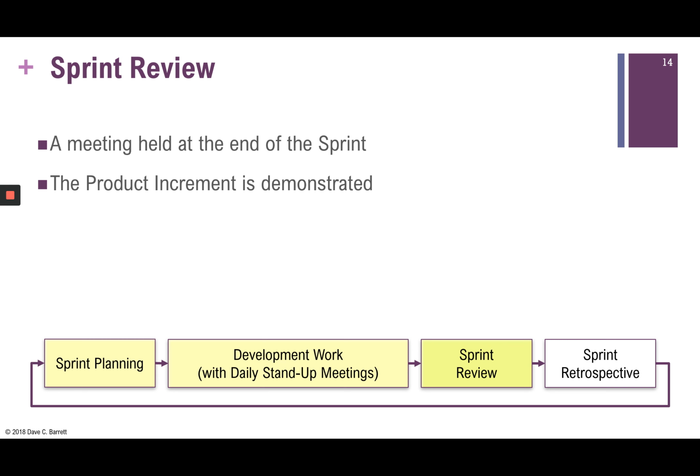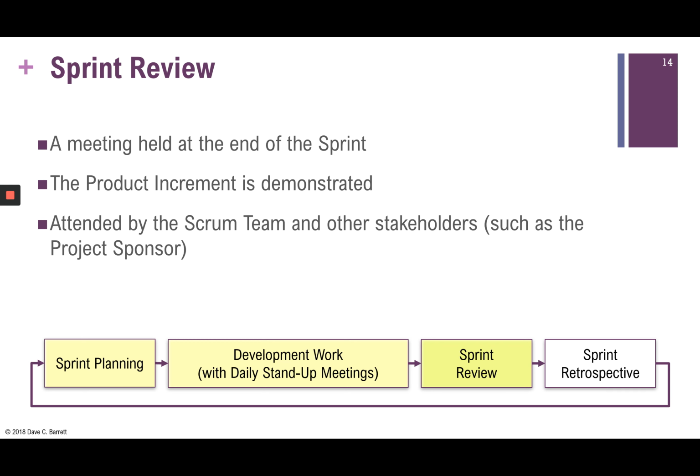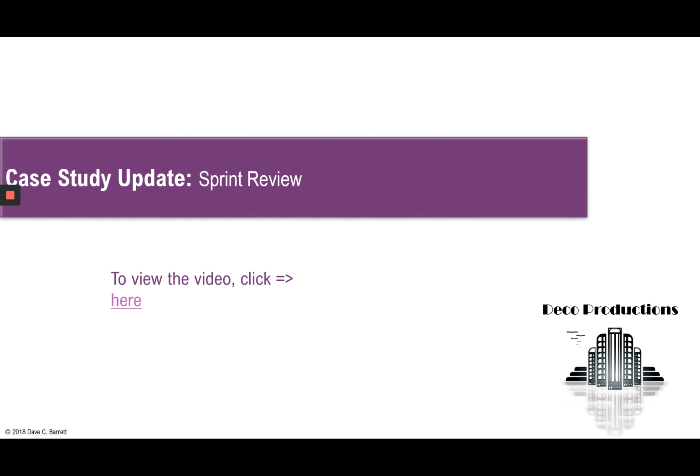For example, the project sponsor may attend, or other stakeholders of the project may be there to see the product increment. So it's demonstrated by the product team, attended by the Scrum team and other stakeholders, such as the project sponsor. And it's a key way to keep everyone involved up to date because they're seeing that product increment demonstrated at the end of each sprint.